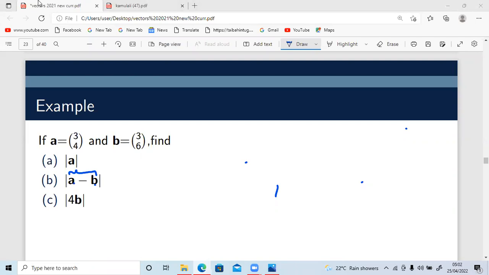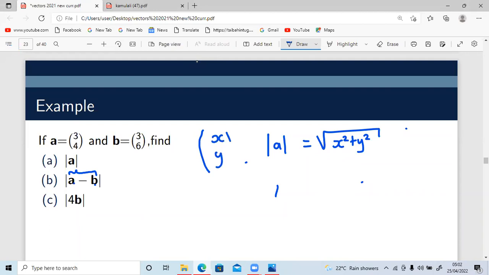Teacher, could you repeat how we find the magnitude? Okay, the magnitude. In case I want to get the magnitude of A, I'm going to just get the square root of x squared plus y squared. Whenever we write a vector, it is in form of x and y components.